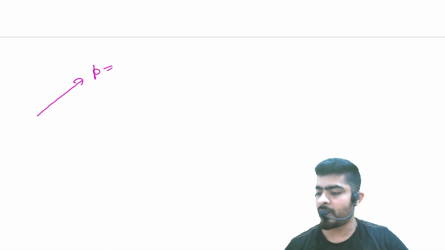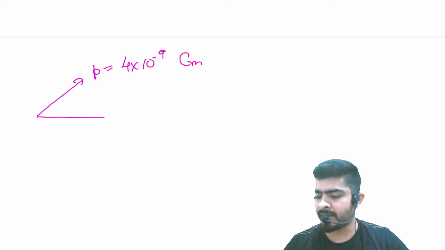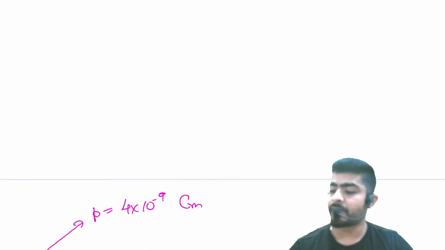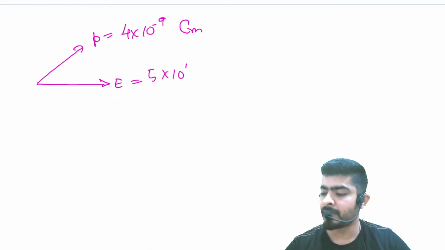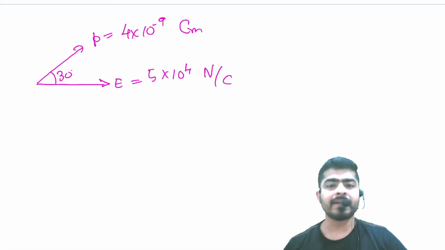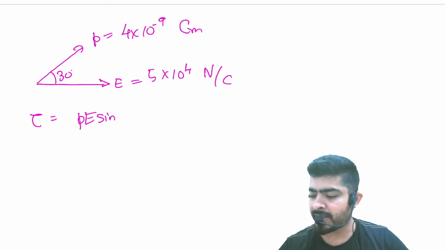Okay, so let me now try to solve this question. So this is your dipole moment, 4 into 10 power minus 9 coulomb meter. And this is your electric field, 5 into 10 power 4 Newton per coulomb, correct? The angle between them is 30°. So what is the torque now? PE sine theta.